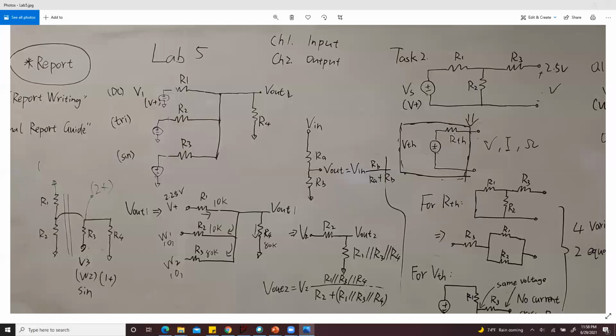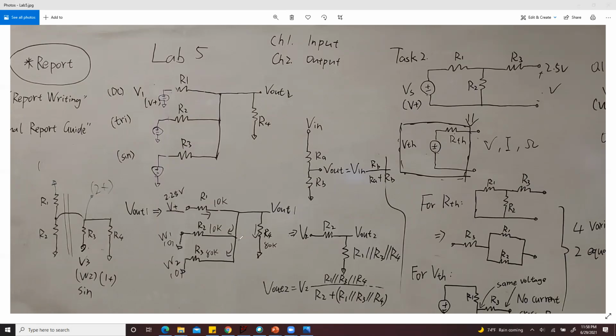If you only measure Vout1, then you need to short V2 and V3 to ground. Remember, when you do Vout1, V1 is the only input, and you need to short these two ports.